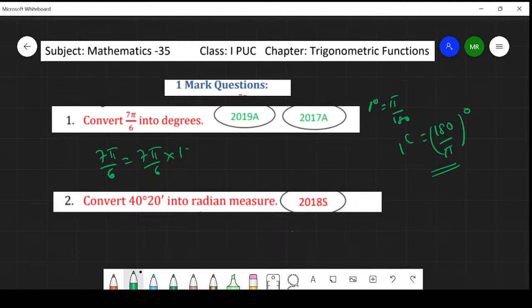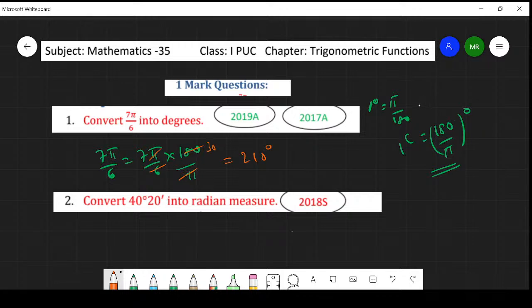Then I can eliminate this pi. Since we are converting in terms of degrees, when I multiply by 180 by pi, you will get 210 degrees. I hope you understood. Very simple.